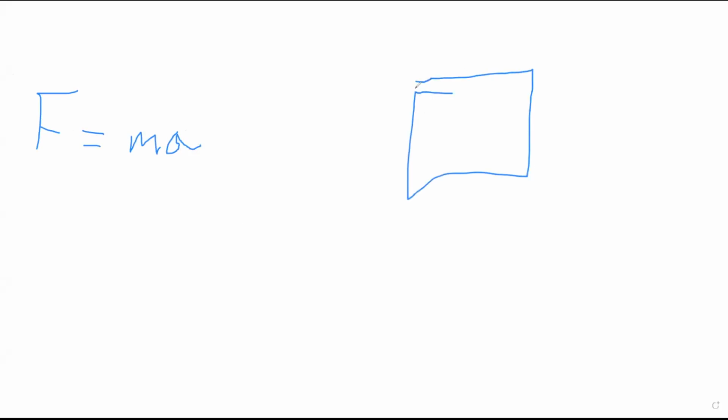Okay. So we have F is equal to mass times acceleration. If we have some mass, and then some force acting upon it, and we just have the ground.